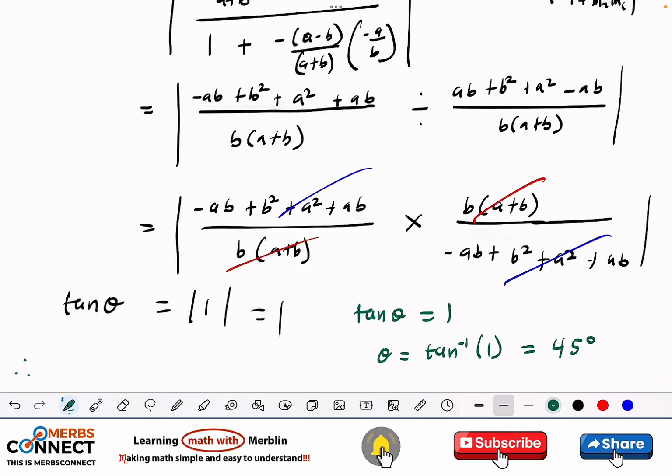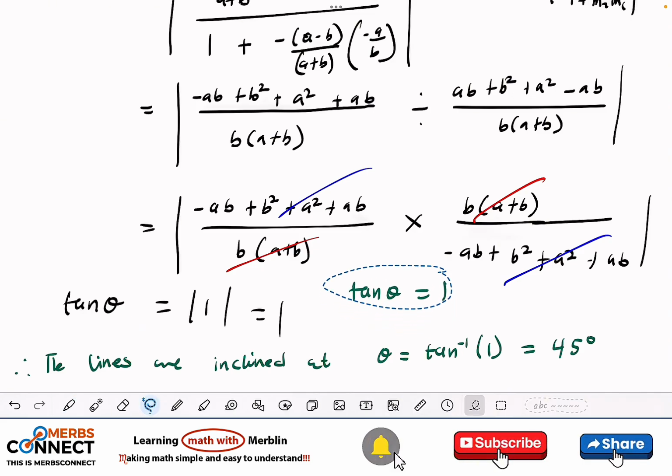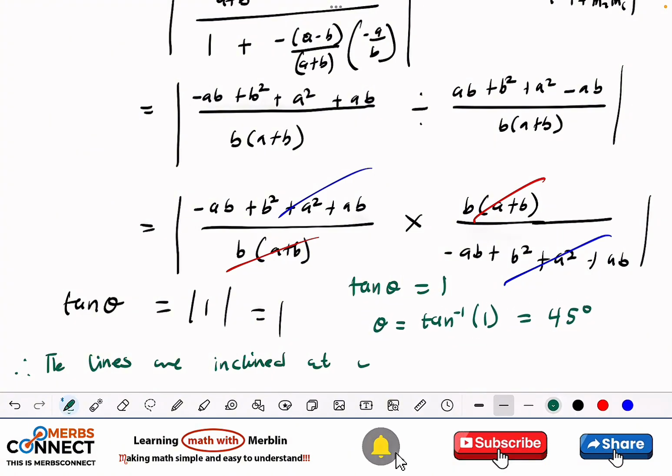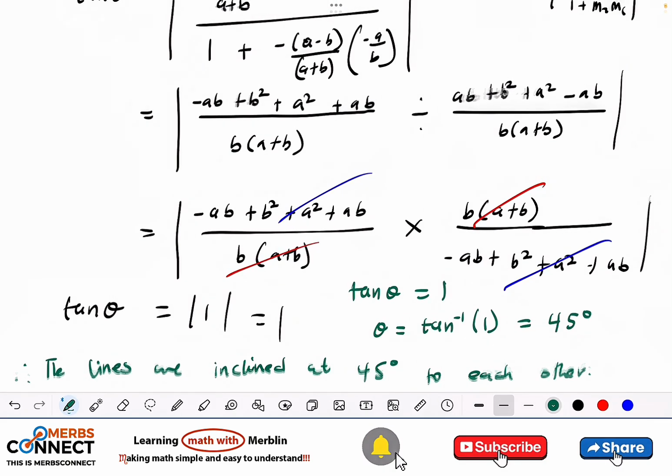So therefore, the lines are inclined at, let me shift this one up a little so that I can get space and write the solution for you, at 45 degrees to each other. Good. So that's what we need.